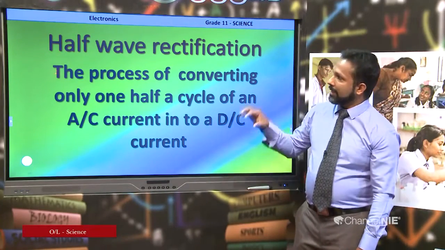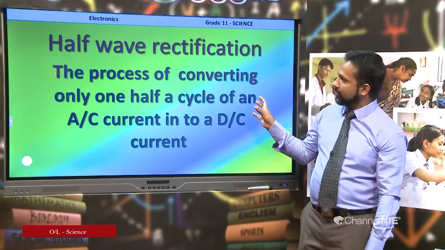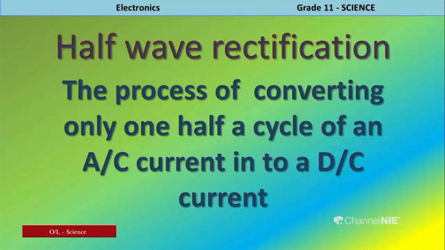Here, in half wave rectification, what do we do? We convert only one half, the positive half or the negative half. So we can say half wave rectification is the process of converting only one half of a cycle of an AC current into a DC current.